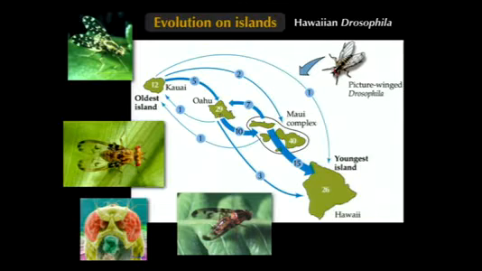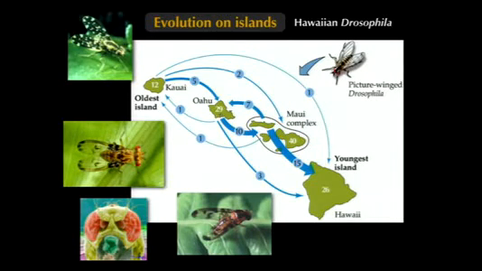Specifically, these Drosophila flies are radiating based on differences in where they lay their eggs. Some are laying eggs on fungi, some are laying them on the leaves of plants, some on the stems of plants. They have differentiated the habitat in relation to their reproductive activity and created differences in that regard that allow them to coexist. And they've hopped from island to island and changed along the way.